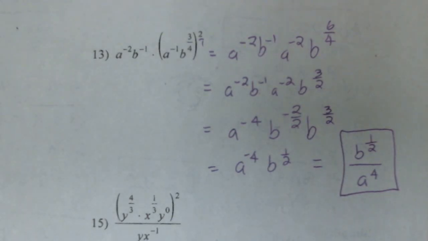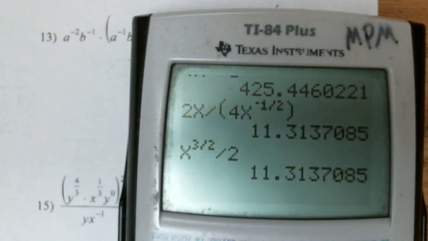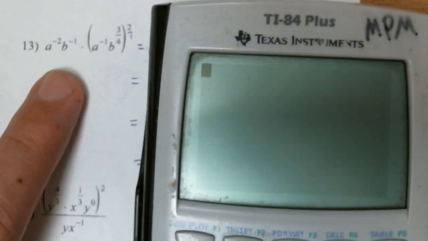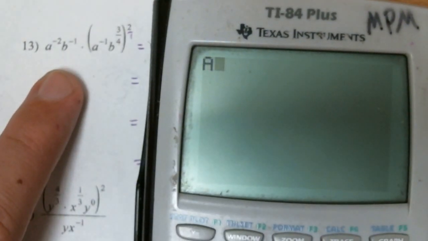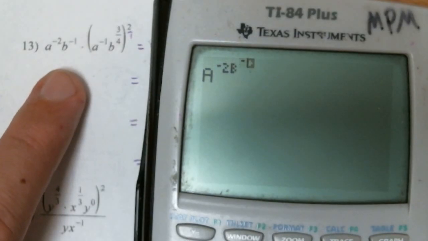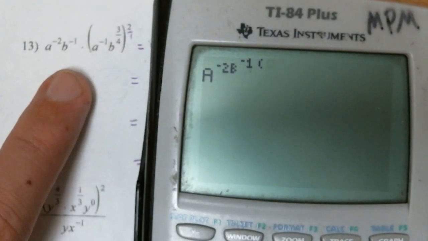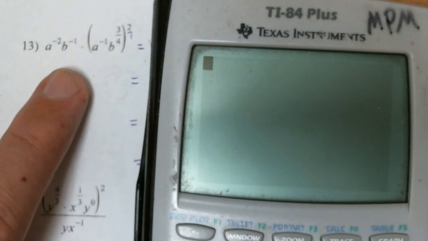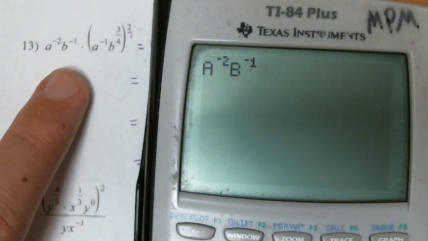Okay, I can check that very quickly. All right, so we've got alpha a to the -2, alpha b raised to the -1. Whoops, almost made that mistake. I didn't drop my cursor down. Alpha a raised to the -2, drop my cursor, b to the -1, drop my cursor.